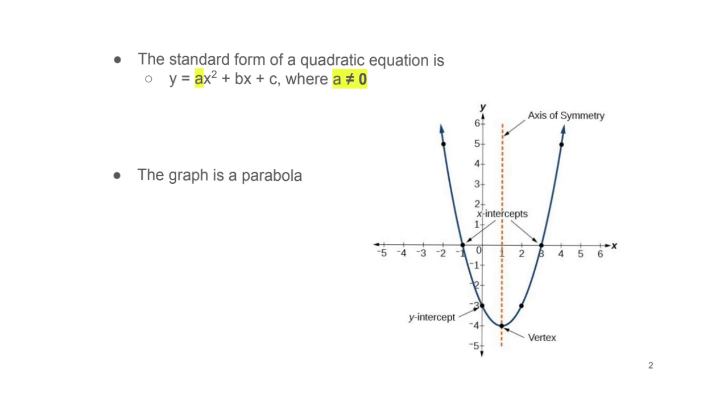So when we do the function, this value can't be 0. This is just basically the structure of this quadratic equation. These variables are the letters. They will be replaced with numbers. A quadratic function creates a parabola. A parabola is this U shape here. This is called a parabola.